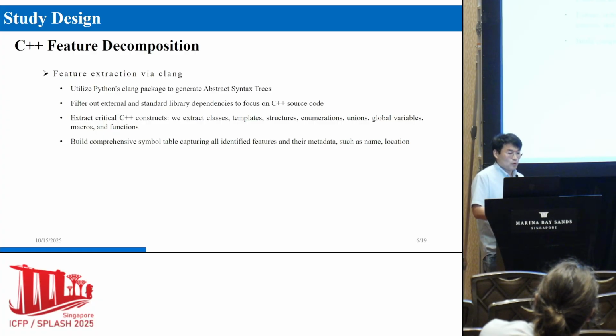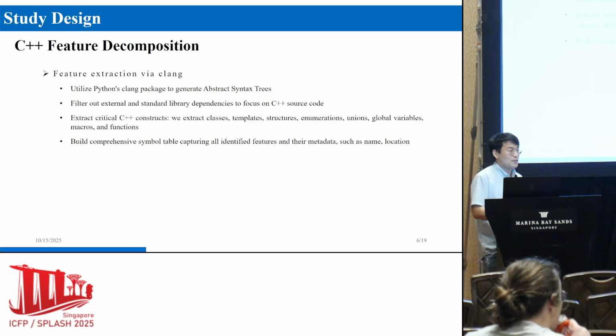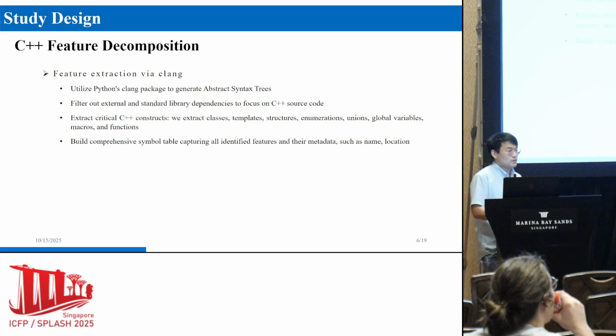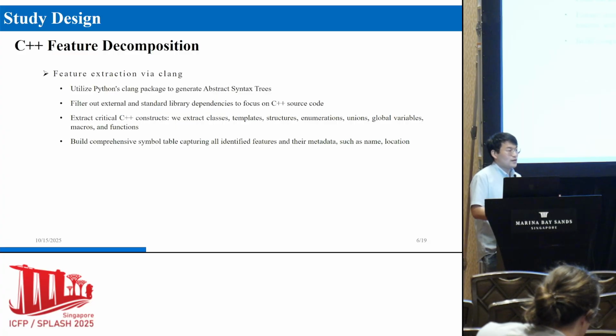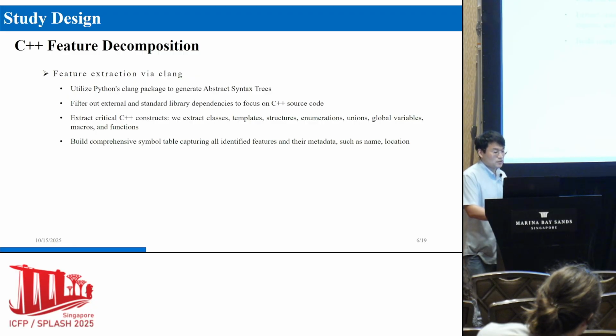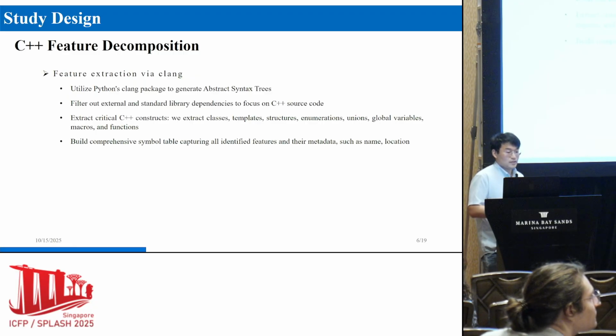In this step we filter out external or standard libraries, for example when we use an external library but can't know the source code or the interface of this code. In these scenarios, we need to filter out these external libraries. Then we extract C++ features like classes and templates.